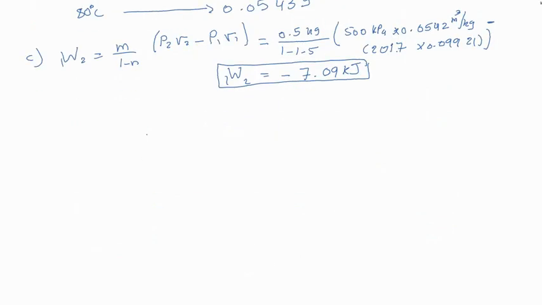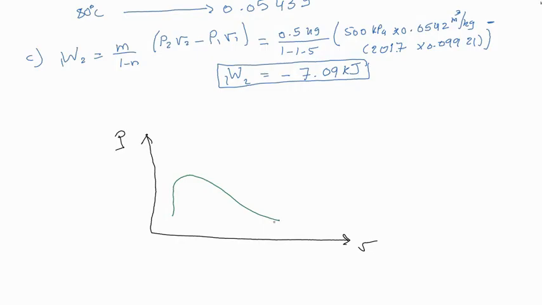Suppose that this is the pressure versus specific volume. Let's assume that this is the dome for the refrigerant. We start at some point in the saturated vapor here. So this was assuming this is the starting point. We have compressed the piston.